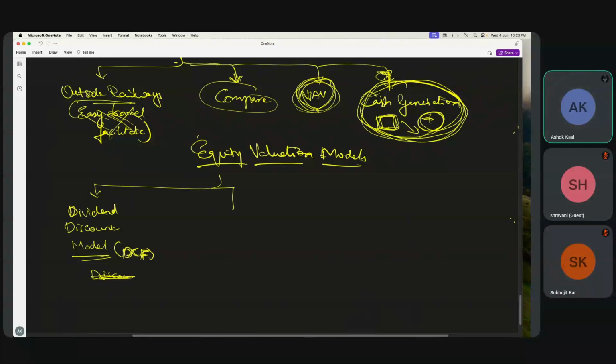Second one is compare. Compare is called multiples. Compare means multiples.